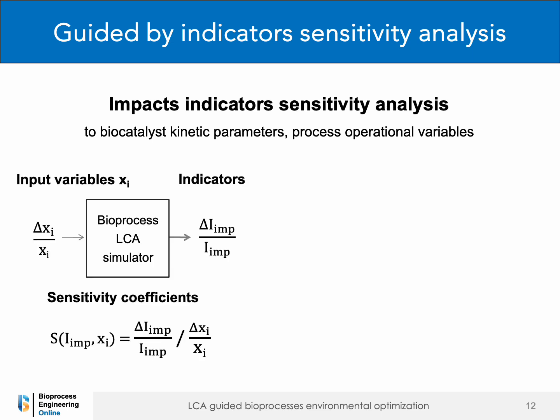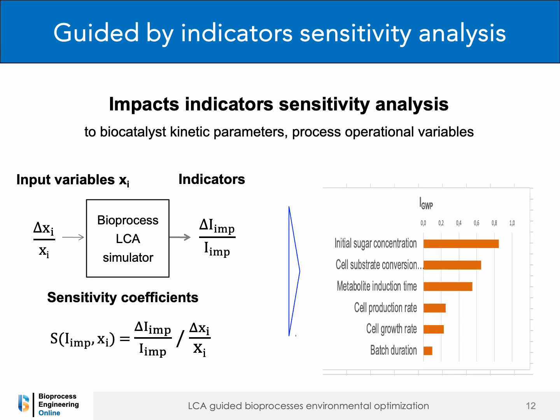The sensitivity coefficient, denoted as S(I, XI), quantifies the impact indicator's responsiveness to changes in a specific process variable, XI. This coefficient is determined through the use of a bioprocess LCA simulator, where it is computed as the relative variation in impact indicator resulting from a relative variation in the input variable. By evaluating the sensitivity coefficients, one can prioritize which process variables to address in order to notably diminish the impact indicators.